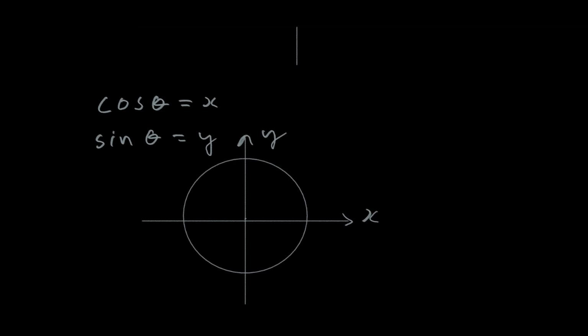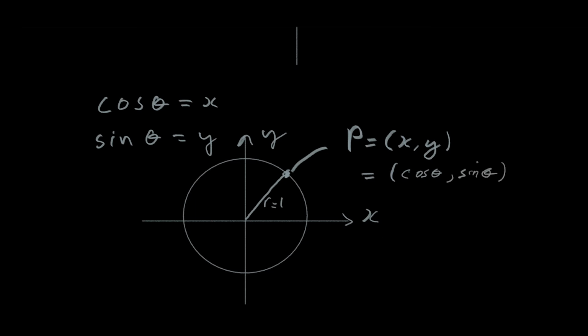We know that if we take any point on this unit circle, the line from the origin to that point is going to have a radius, which I'm denoting by lowercase r, equal to 1. And that this point here, let's call it P, will have x and y coordinates, but they will be equal to the cosine of theta and the sine of theta respectively.